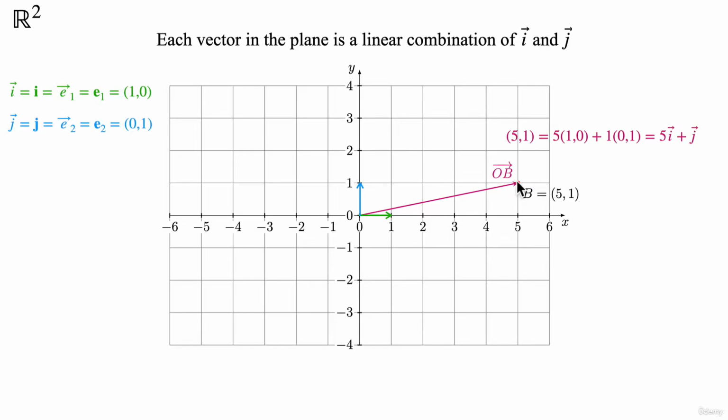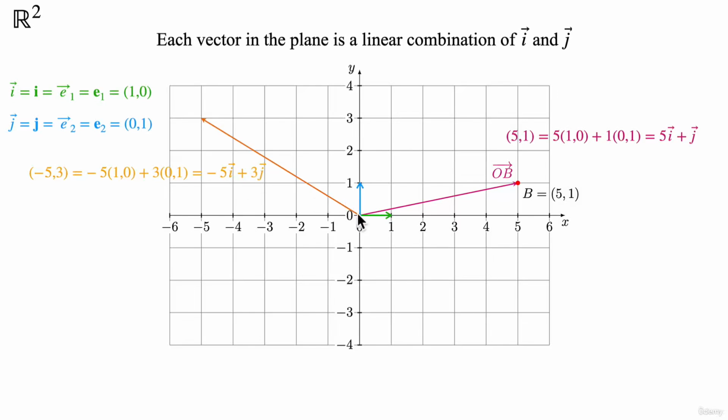So take any point, for example point B with coordinates 5, 1. 5, 1 is 5 times our vector I plus 1 time our vector j. So it is this linear combination of I and j, so it will always be just the coordinates here which will be the coefficients from the linear combination. And any other point, for example -5, 3, is the combination of I and j with coefficients -5 and 3, simply the coordinates.